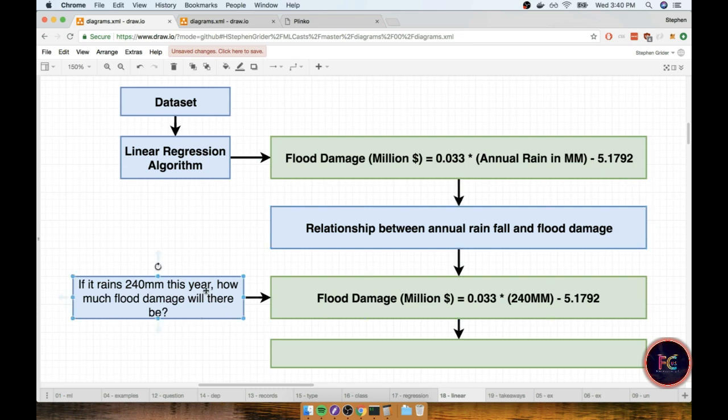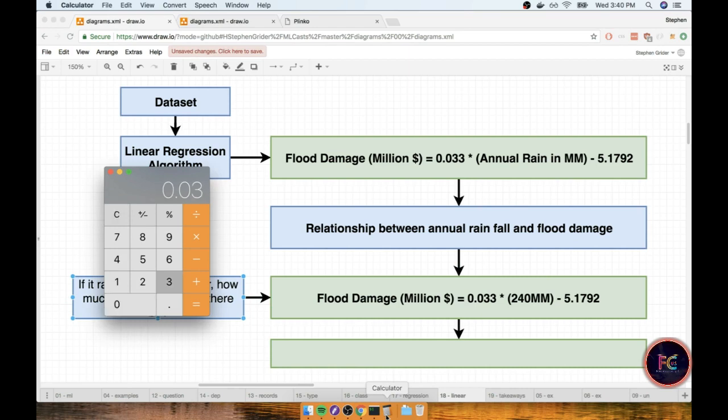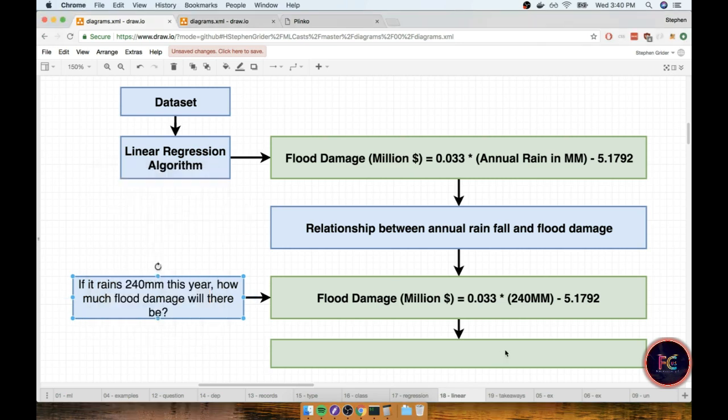So now, recalling that the original problem statement was that we need to figure out how much flood damage there will be if there is 240 millimeters of rainfall, we would take that 240 millimeters and plug it into this relationship right here. If we do the math, we get 0.033 times 240 minus 5.1792, and I would estimate that we would have about $2.74 million of damage.